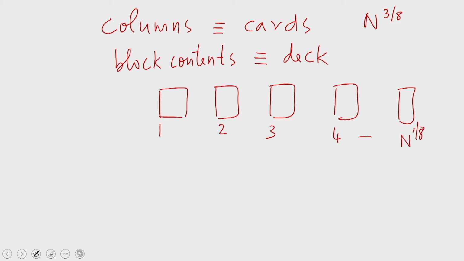Therefore, you will soon come to the end, then you will start again. So, cards 1 to n power 1 by 8 are distributed to the blocks, and then card number n power 1 by 8 plus 1 will again go to the first block, card number n power 1 by 8 plus 2 will go to the second block, and so on.